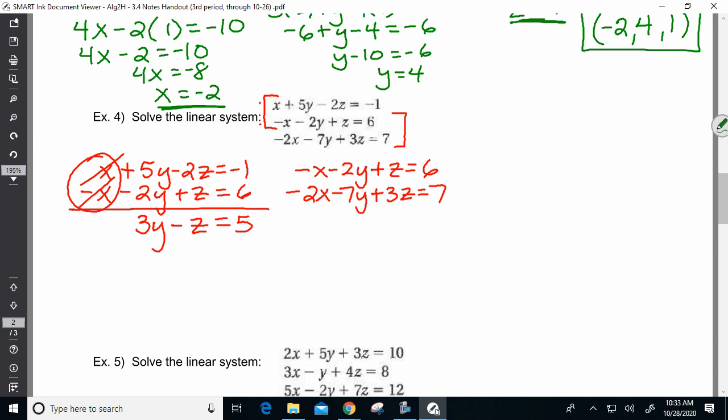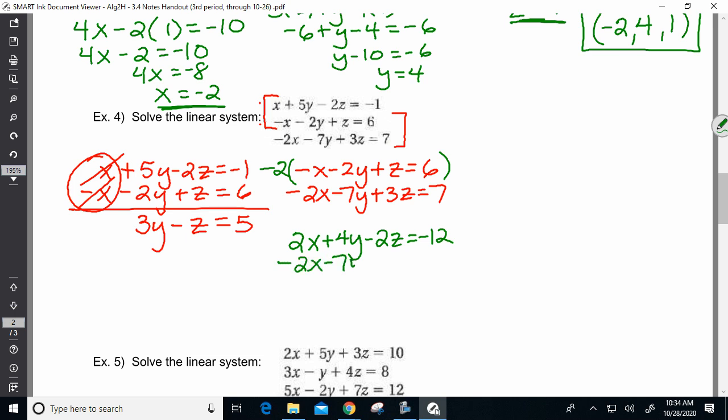So the easiest way to do that for this problem, take the top equation, multiply it by negative 2. The reason why I chose negative and not positive is because I want to force the x's to be opposites of each other so that they'll drop out. So if you multiply the top equation by negative 2, you get 2x plus 4y minus 2z equals negative 12.